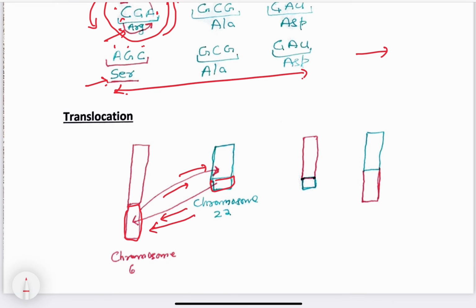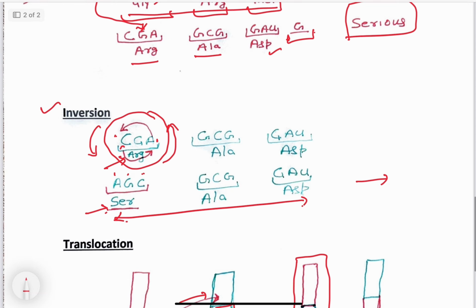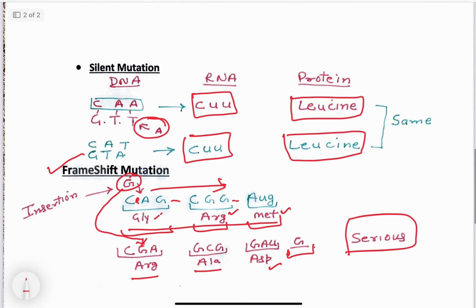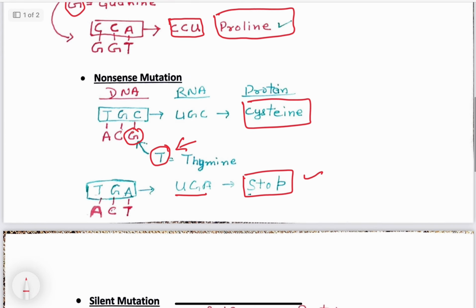And the resulting chromosome 6, which was longer, is now shorter. And chromosome 22, which was shorter, now becomes longer. So it's called translocation. So these are the types of mutation that can occur in your chromosomes or in the DNA.